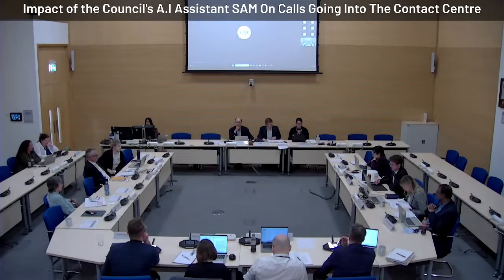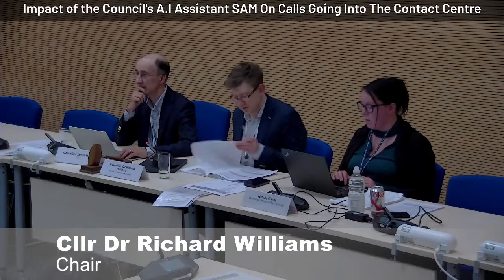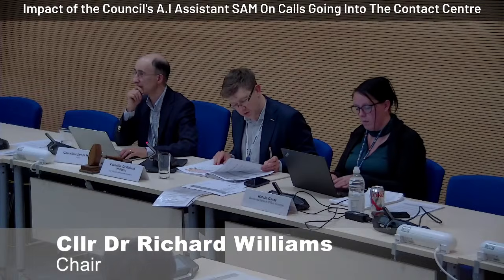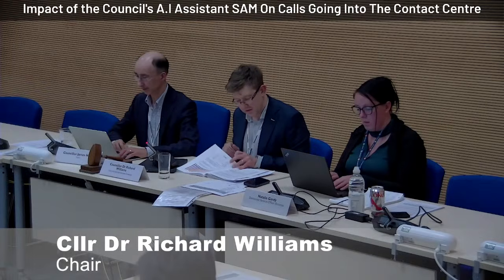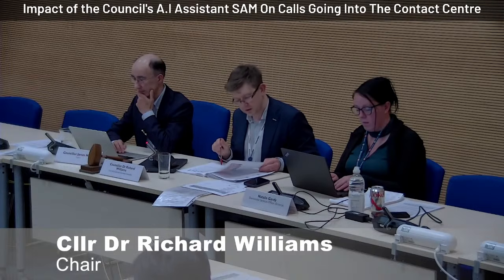If I can kick off, I just had one question. Well, I had one question to start with. So paragraph 13, it says that a call is treated as answered if a customer does not choose to be put through to the contact centre after getting a response from SAM. And that's in relation to telephone calls fully answered in SAM during office hours.